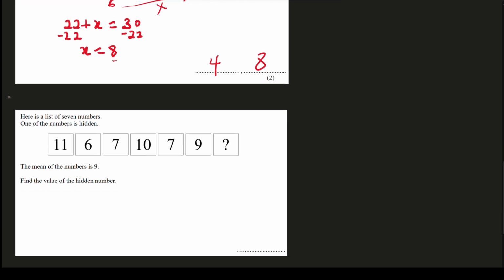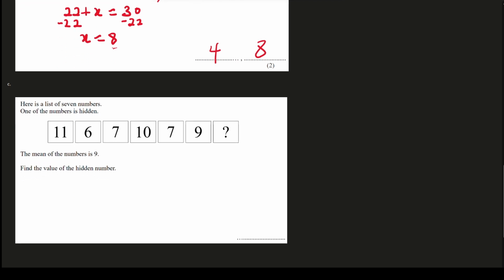So same stuff. We're going to add everything up. So we have 11, add 6, add 7, add 10, add another 7, add 9, add. Now we don't know this number, so we represent that by x. So add x. And then all over 1, 2, 3, 4, 5, 6, 7.